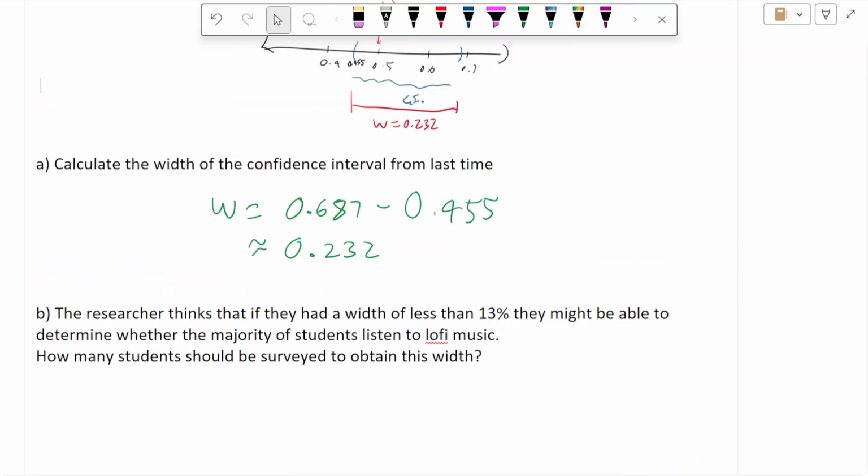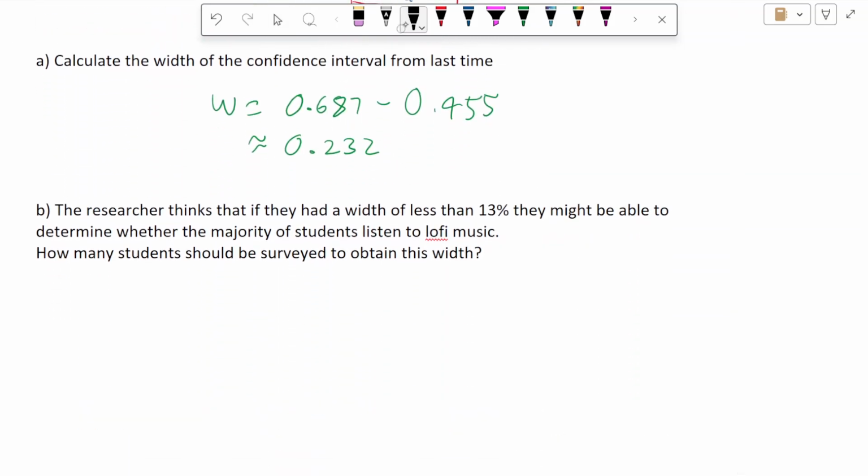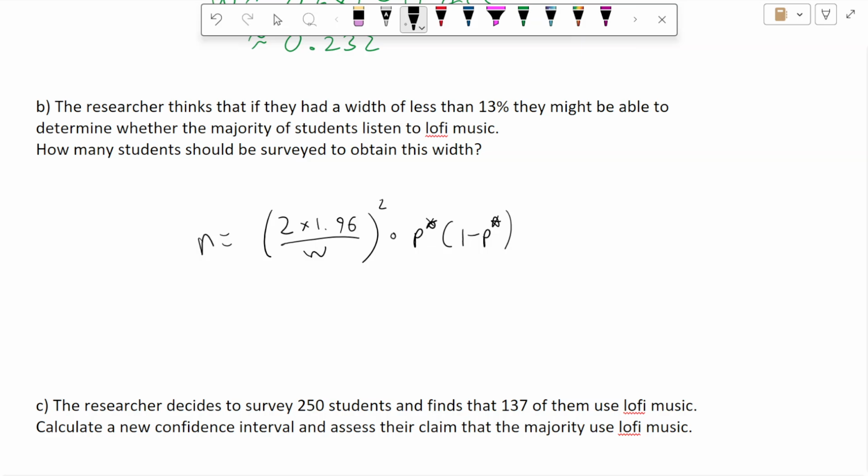And there is a big formula for it. Here it is. n equals 2 times 1.96 squared over W squared, times P star and 1 take P star. Okay, now P star is this new symbol that we haven't seen before.